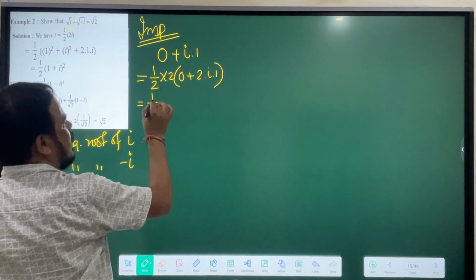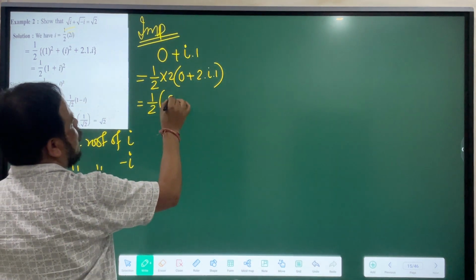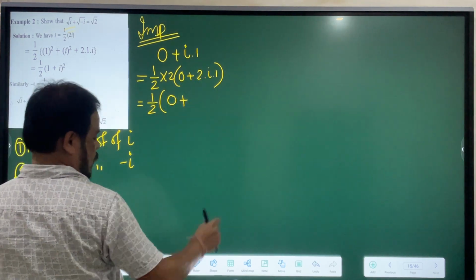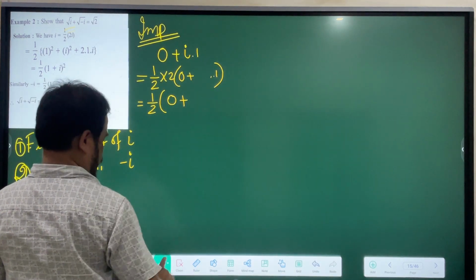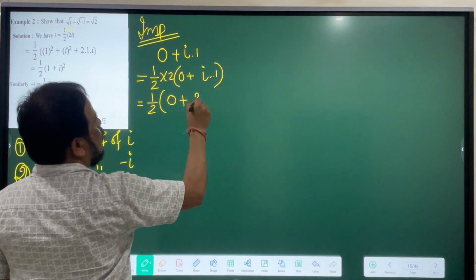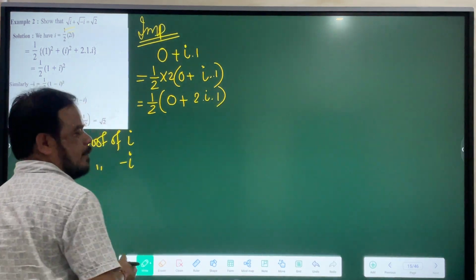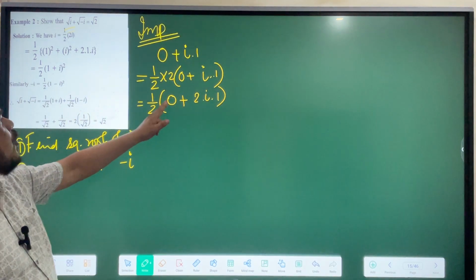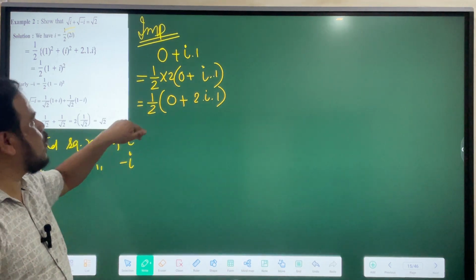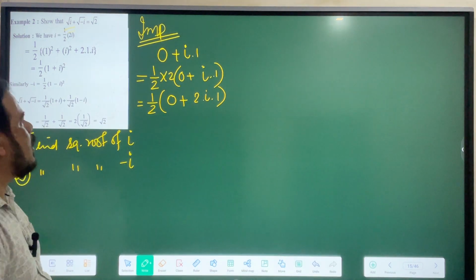1 by 2 we will keep outside, then 2 into 0, sorry, this is 2 into i into 1. Now you have i just, no? Half into 0 is 0, half into 2 is 2, 2 cancel, i. Simple.